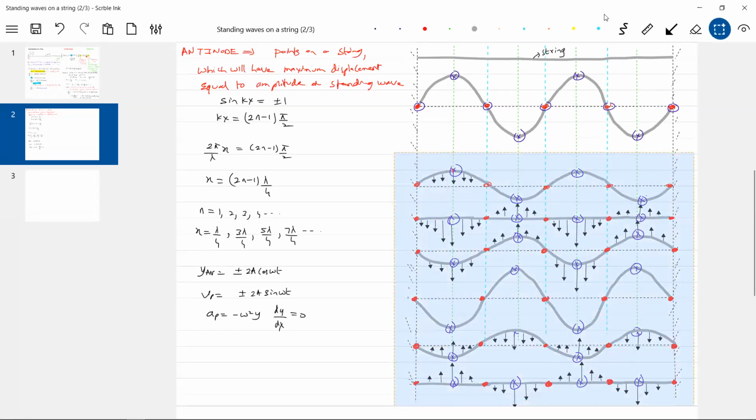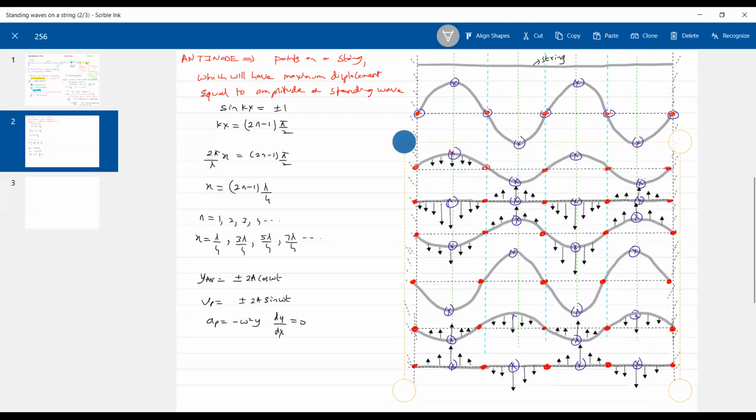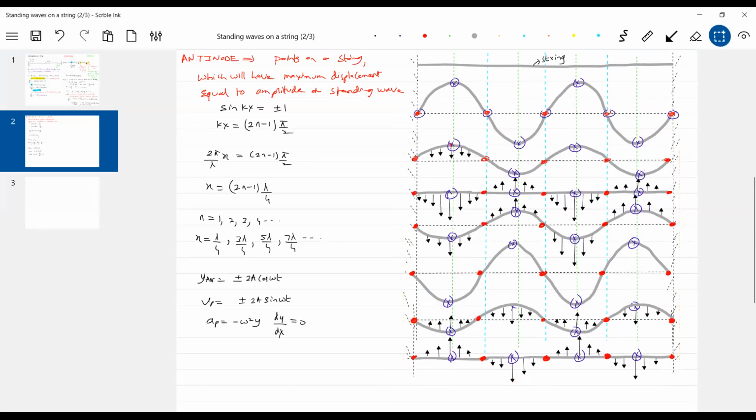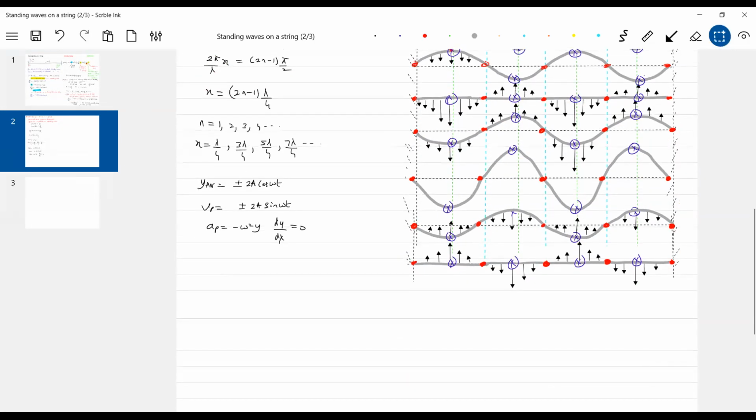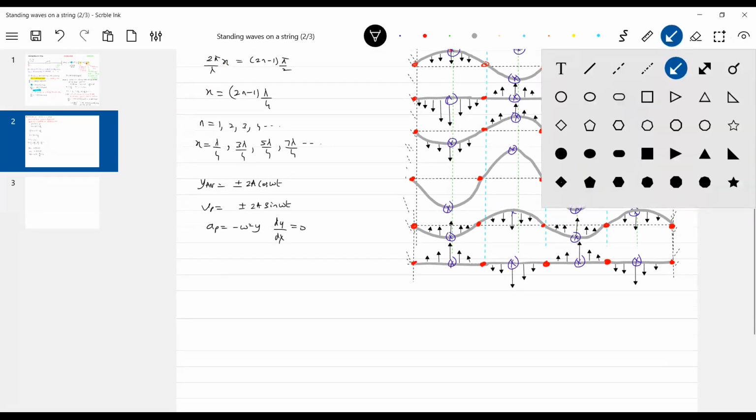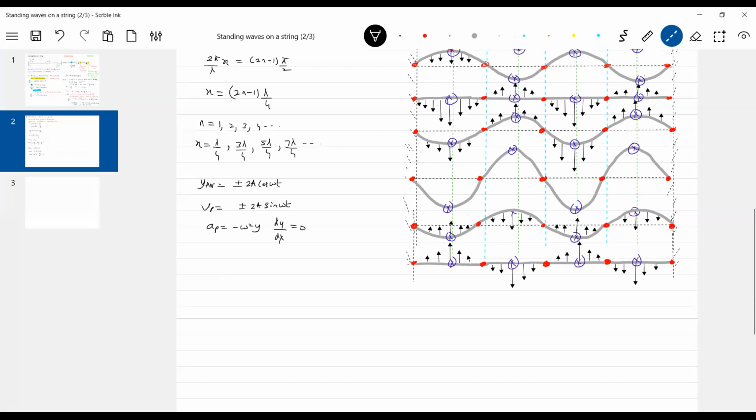Then we can move here. One more, the last. The rope is here, so it should move up, no?